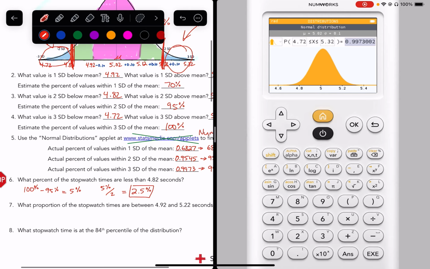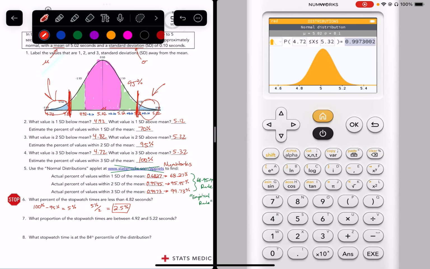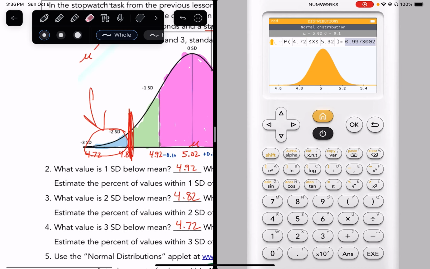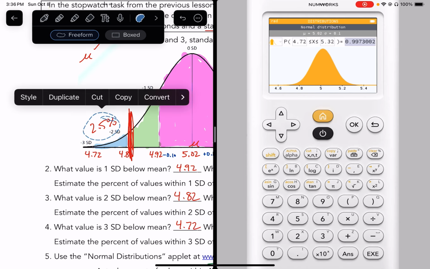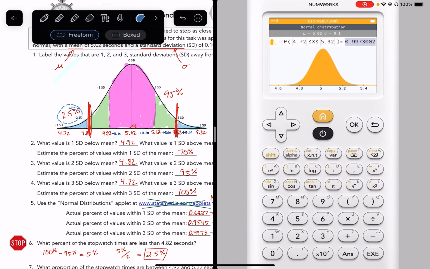And there's our answer. So that 2.5% is one of these little blue sections here. I'm just going to get rid of this and move that down towards that section.